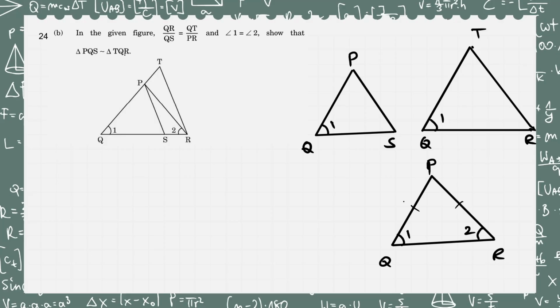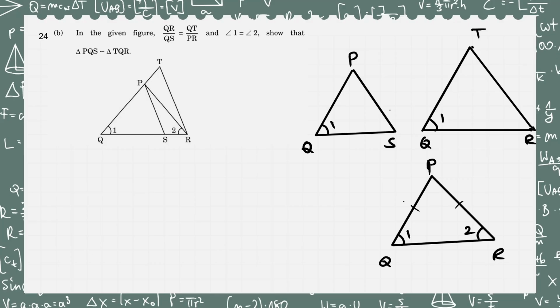Before we prove the sum, let us try to understand what we need to prove completely. So in both these PQS and TQR triangles, we have angle at Q the same, because Q is a common vertex for both the triangles. So same angle is already there.